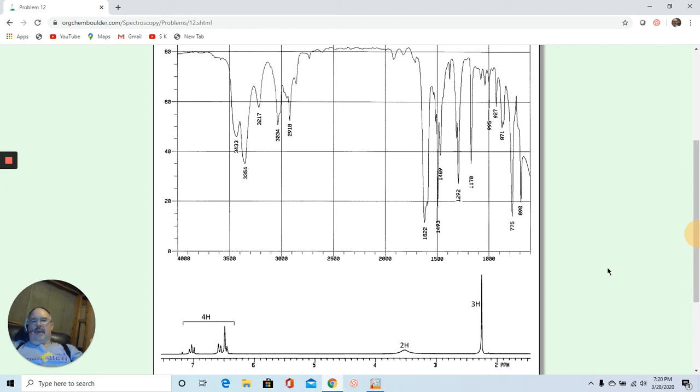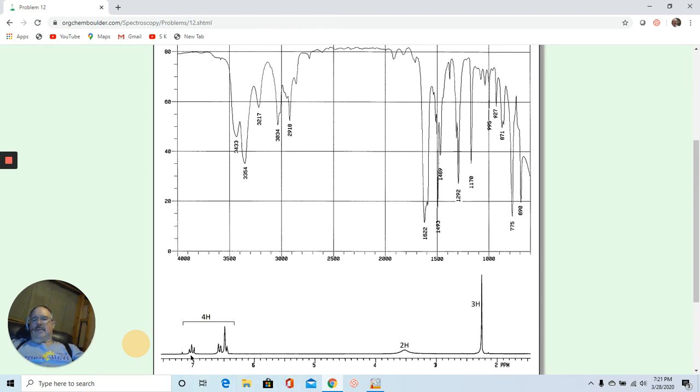So it looks like we have a benzene ring with a CH3 and an NH2 on it. So this would be a methyl aniline. Okay, well, it's not 4-methyl aniline because we would have a nice clean doublet. So what it looks like we have is probably 2-methyl aniline.